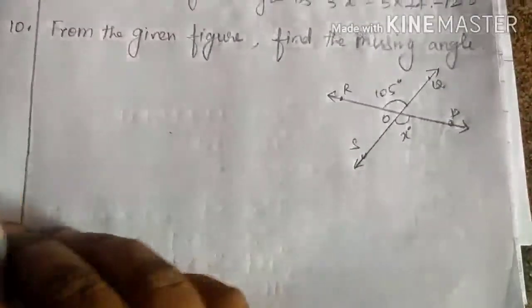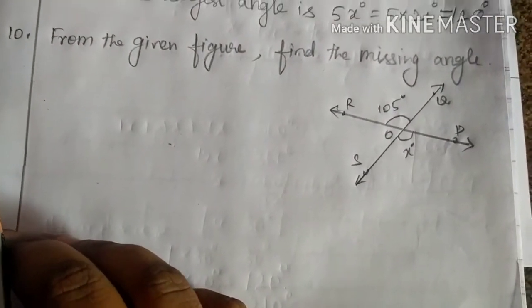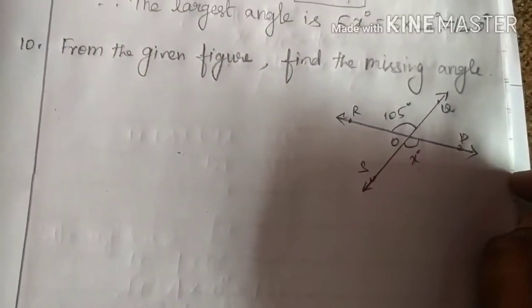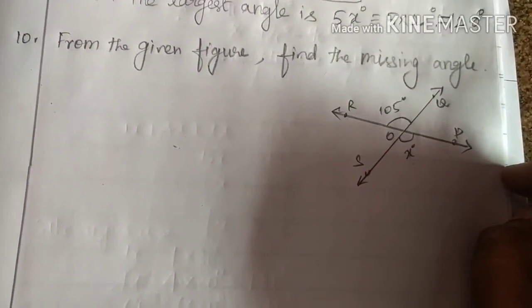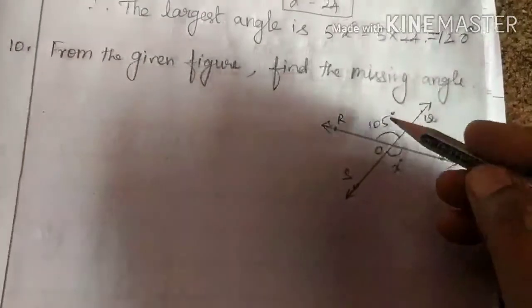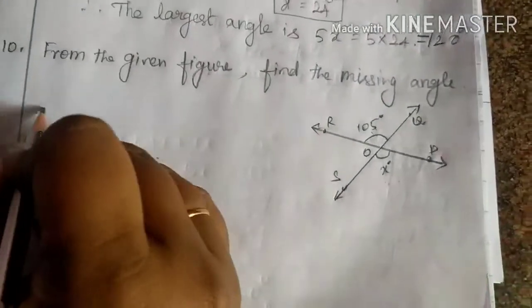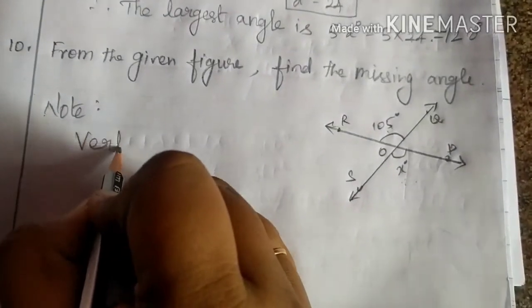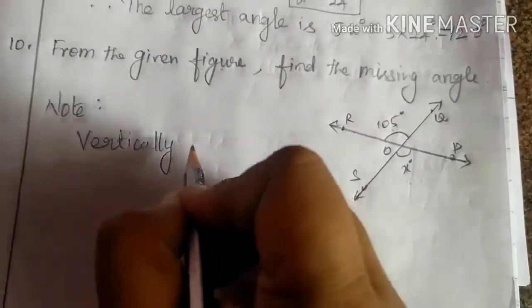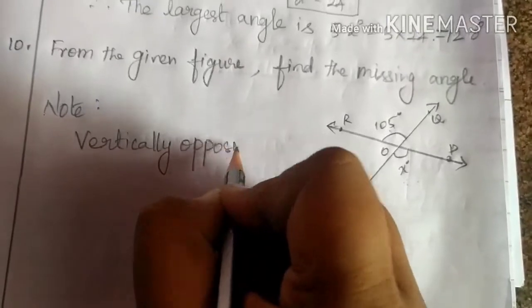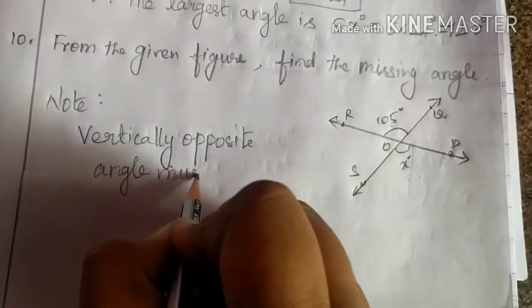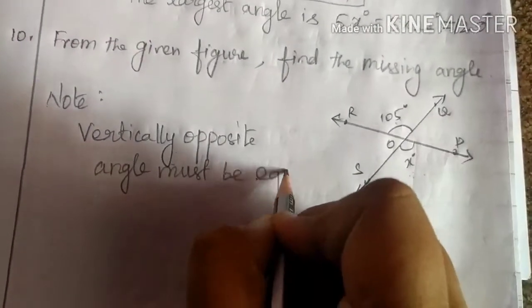They drawn the diagram here. So they are asking to find the x degree. X degree means vertically opposite angle should be equal. So here you write note: vertically opposite angle must be equal.